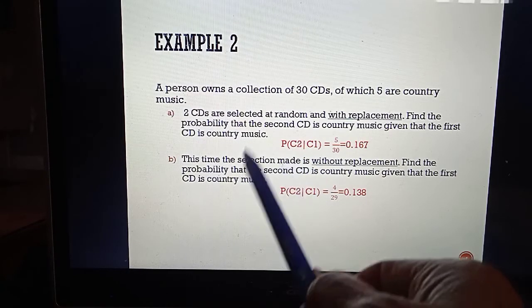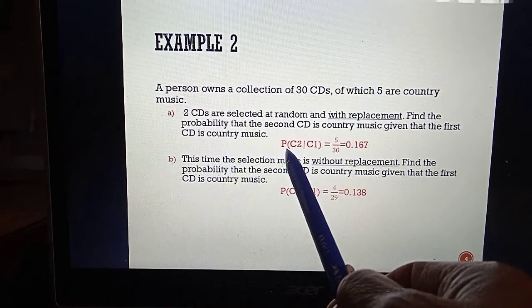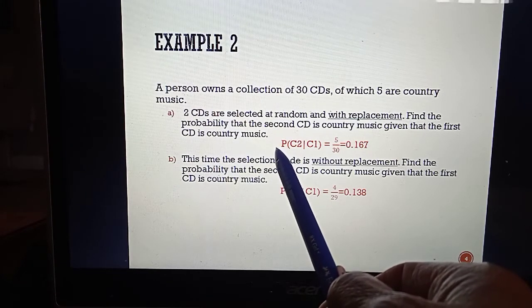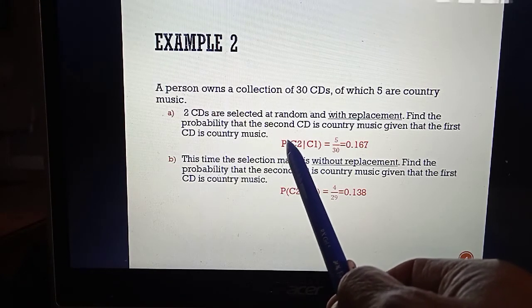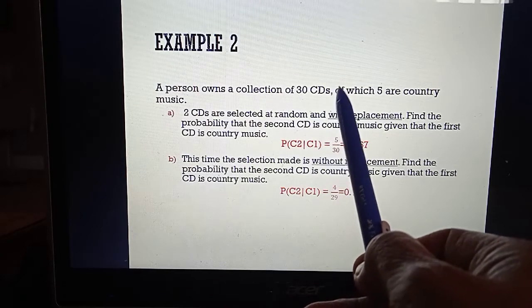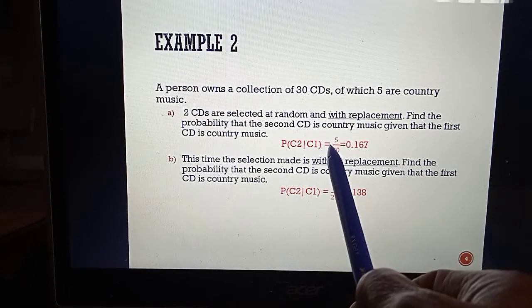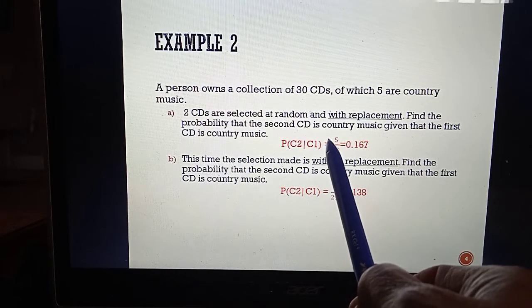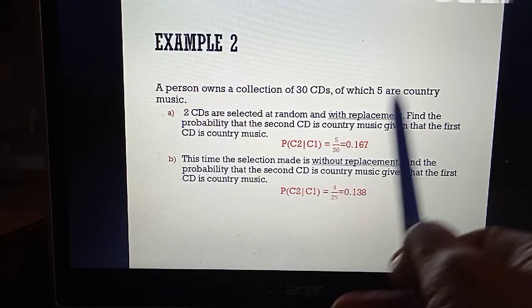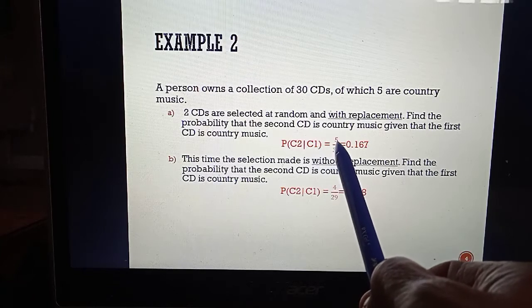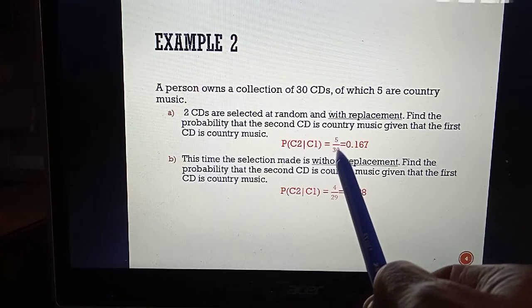Because we put the first CD back, it is the same as making the first choice, which is 5 country music out of 30. So the probability of getting a second CD that is country music is 5/30.